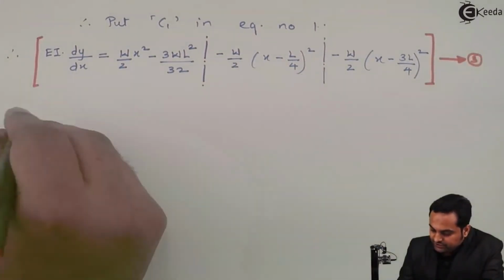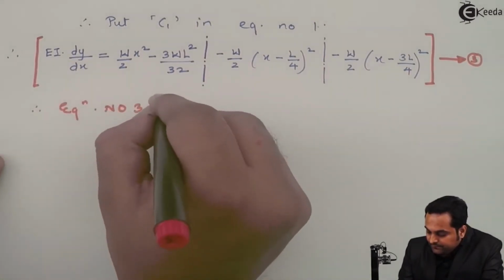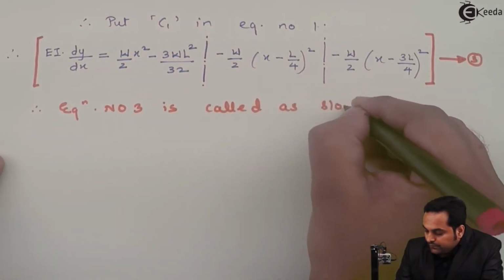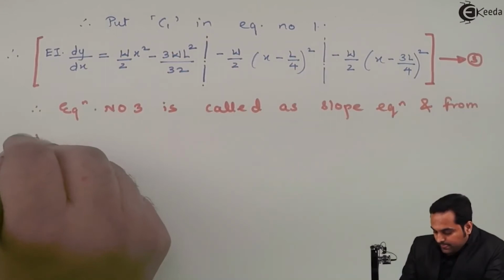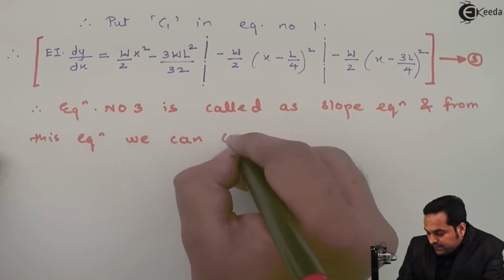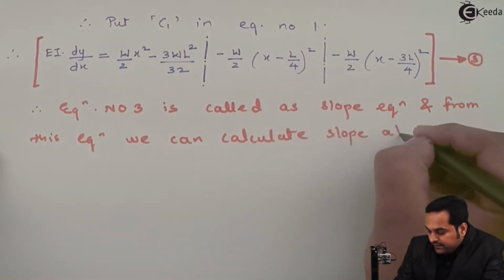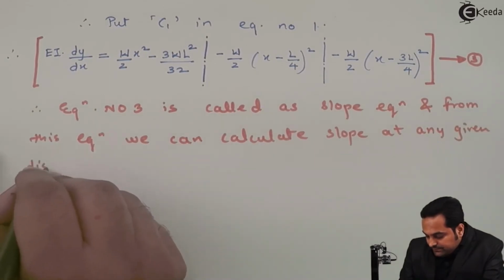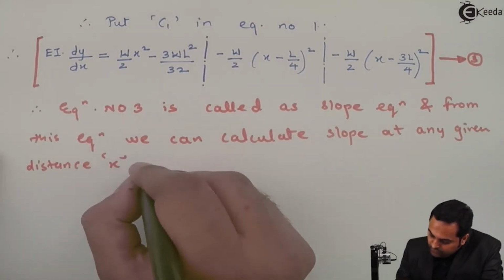Equation number 3 is called the slope equation, and from this equation we can calculate slope at any given distance x on the beam.